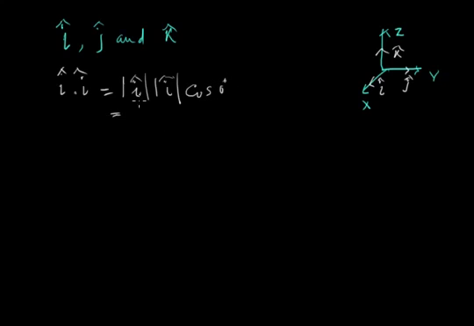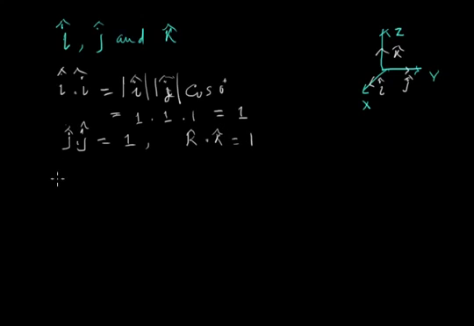The value of this is 1, so the final result is 1. Similarly, j dot j is also 1, and k cap dot k cap is also 1.